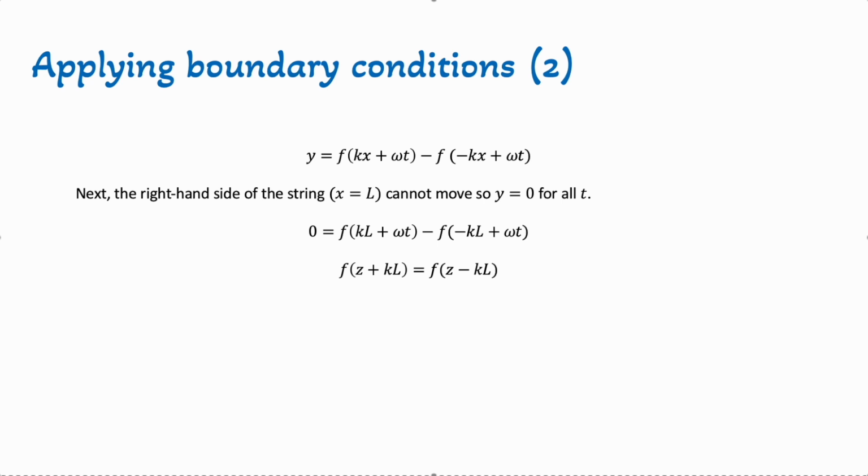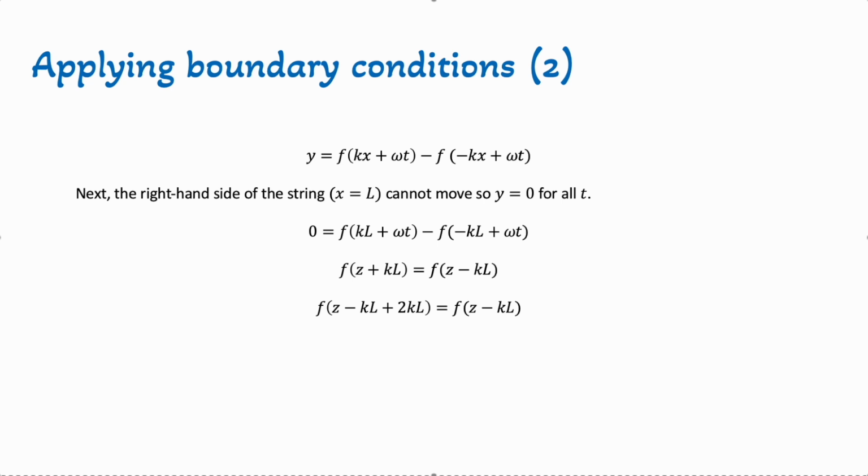And f of z plus kl is the same thing as f of z minus kl plus 2kl. So just take a moment to think about that, to process that. If we take z minus kl plus 2kl, we get z plus kl. So this is the same thing as we've got in the line above.